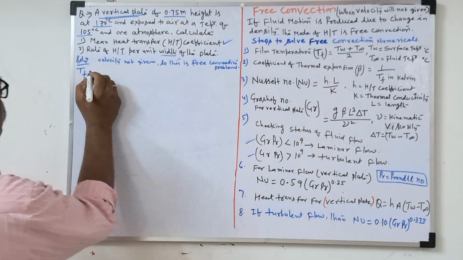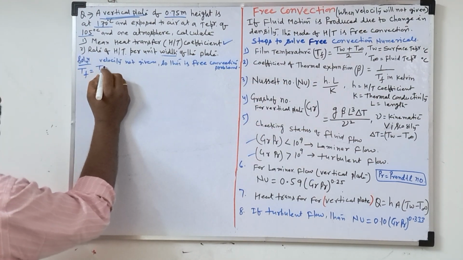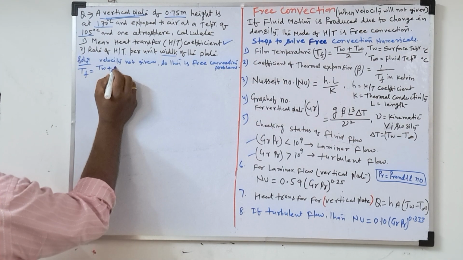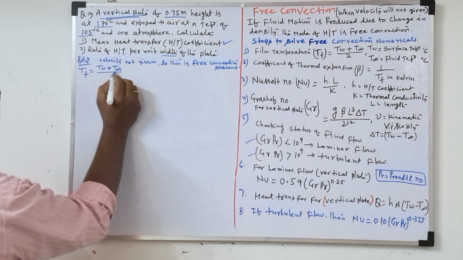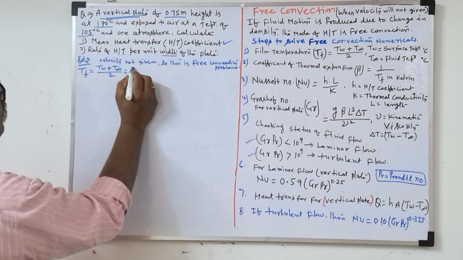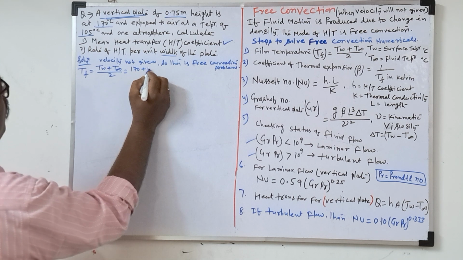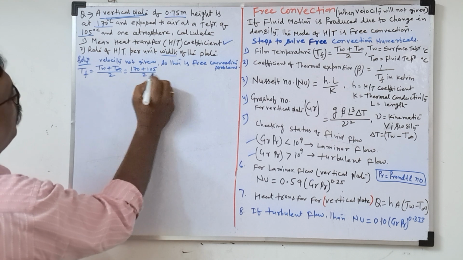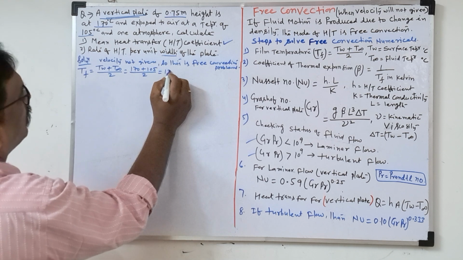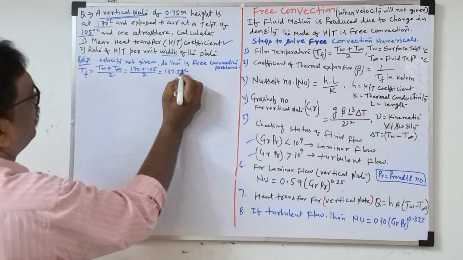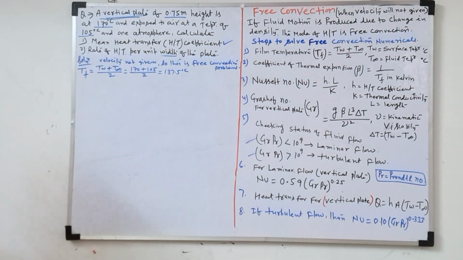Film temperature Tf will be Tw, the surface temperature, plus the fluid temperature, divided by 2. So they gave 170 plus 105 by 2, and it comes to 137.5 degrees Celsius.